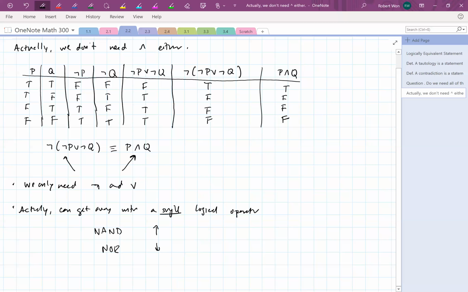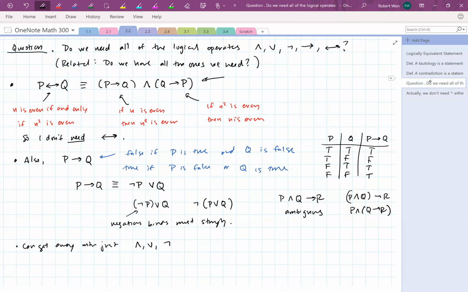Using just NAND or NOR and parentheses, you can get every other logical operator. But the five that we discussed on the first day, we use so often that it's nice to have all five if you want to express some sort of logical thought.